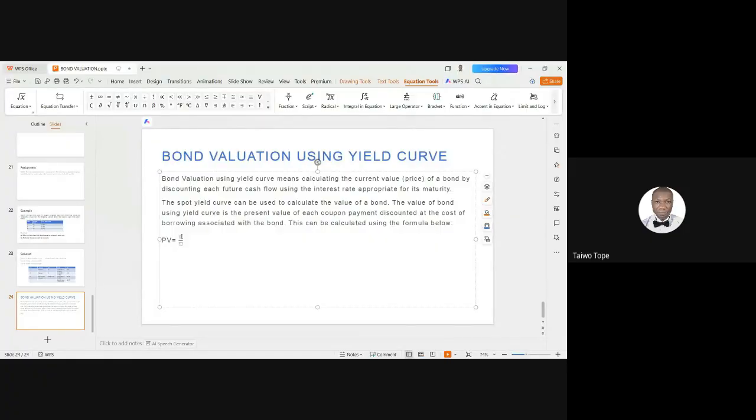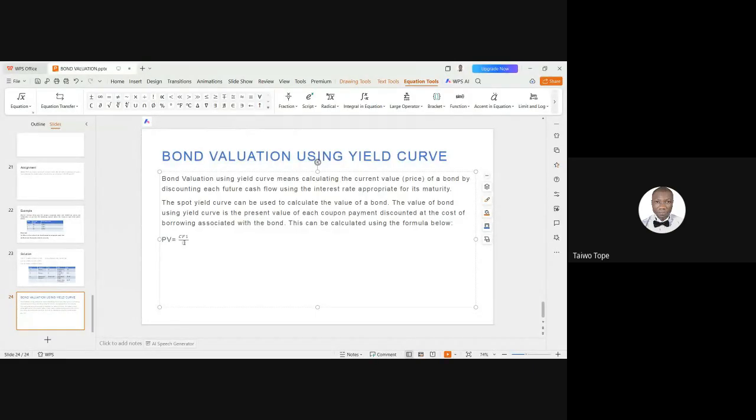So to calculate the value using the yield curve, the formula is PV of cash flow. The cash flow is the coupon of year one. Let's make it in caps. Of year one. Divide by what? Divide by the discounting rate.